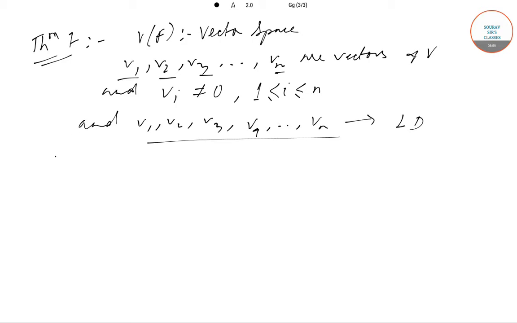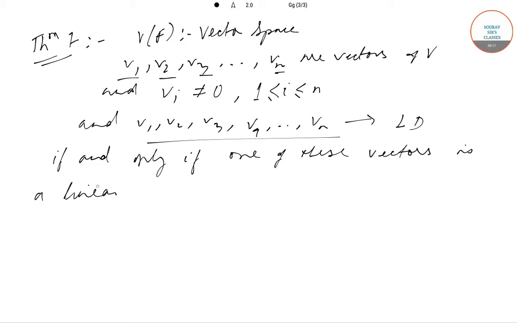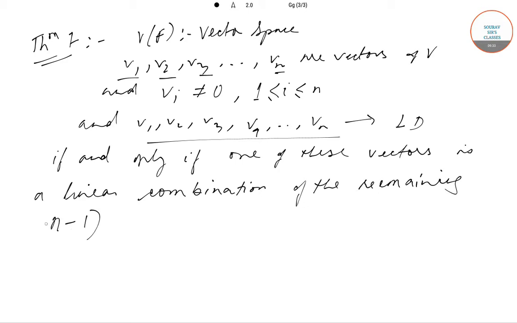this is only possible if and only if one of these vectors is a linear combination of the remaining n minus 1 vectors.